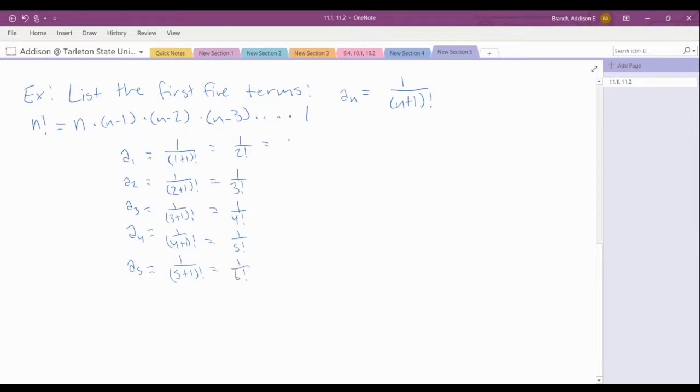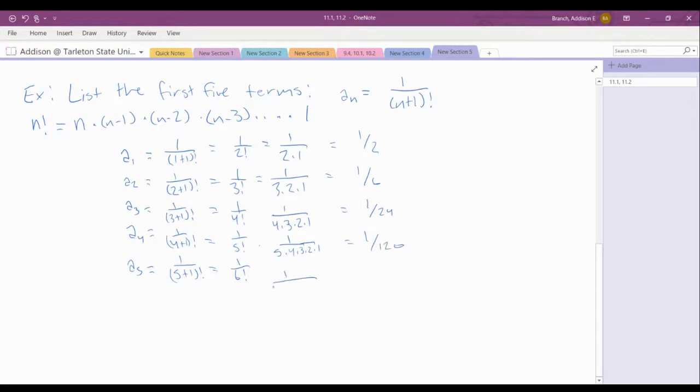So 1 over 2 factorial is 1 over 2 times 1, so this is just 1/2. 1 over 3 factorial is 3 times 2 times 1, so that's 1/6. 4 factorial is 4 times 3 times 2 times 1, so 1 over 24. 5 factorial is 5 times 4 times 3 times 2 times 1, so 1 over 120.